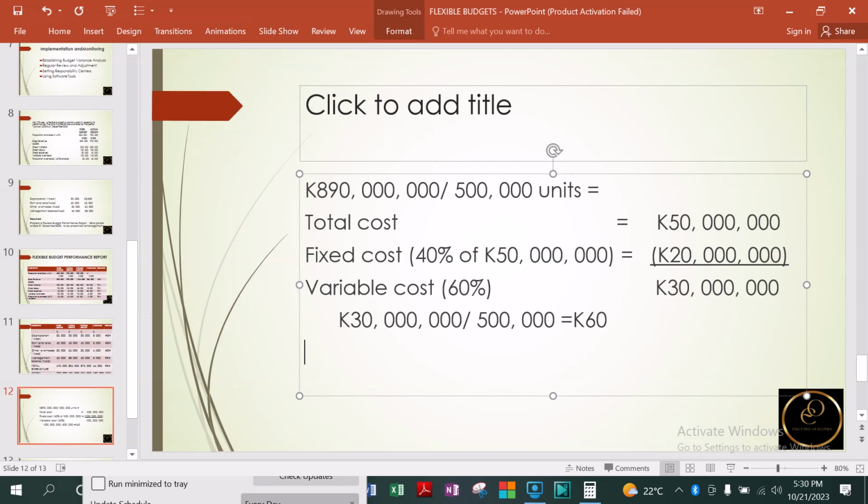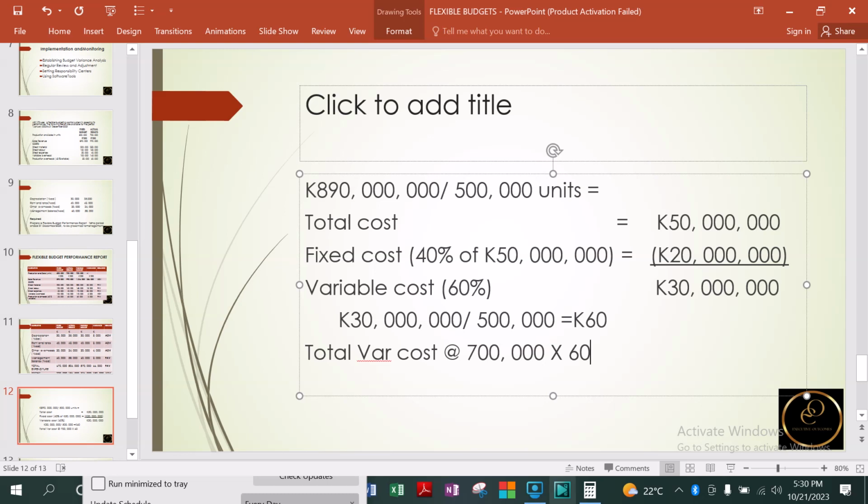So once we've got this 60, we now find what is the variable cost at 700,000 unit level. So you get total variable cost at 700,000 unit level. Meaning that you multiply by 60.